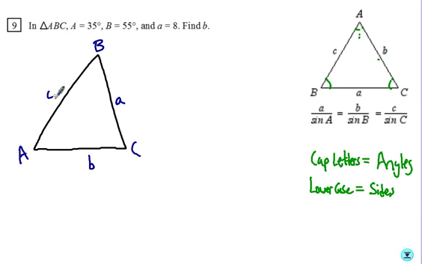Alright, so let's fill in what we know. It says that angle A is 35 degrees, angle B is 55 degrees, and little a is equal to 8. And then it says find b. So b is what we're solving for, right?